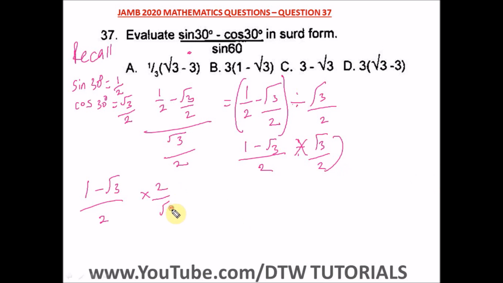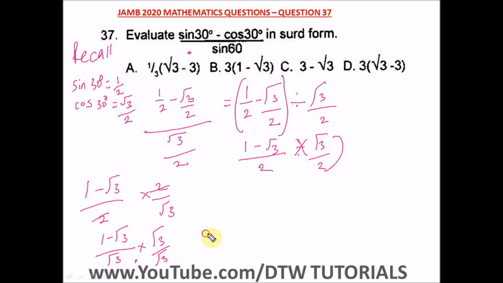So this is 3. So this now becomes 2. We cancel 2. So we have 1 minus root 3 over root 3. If we rationalize this, we multiply both numerator and denominator by the denominator.